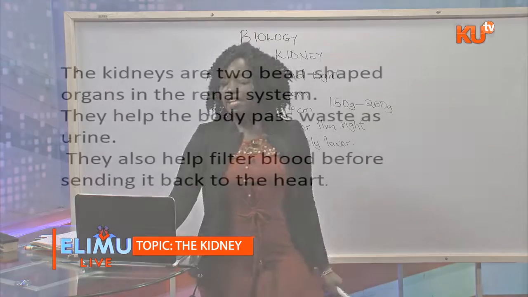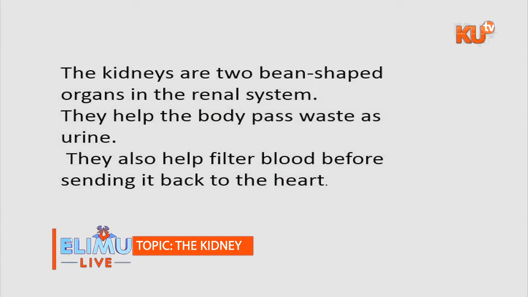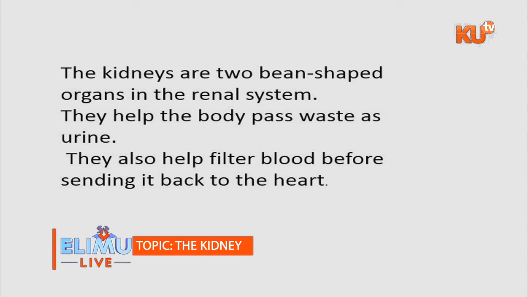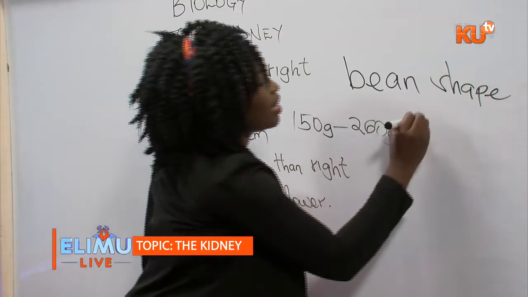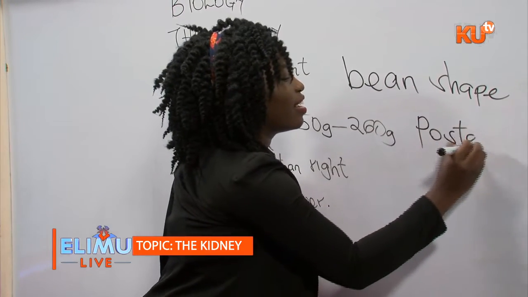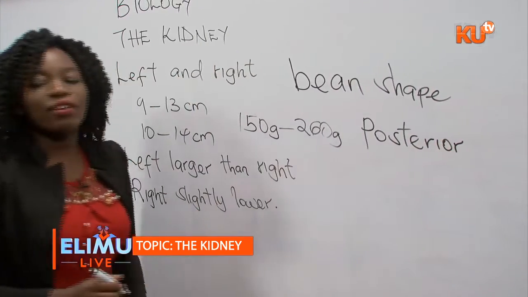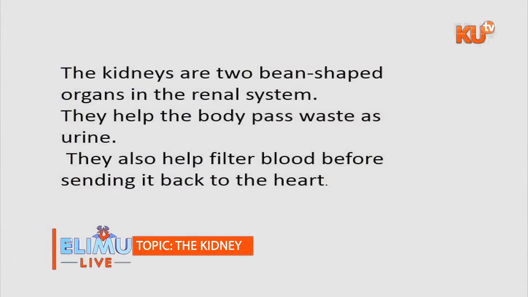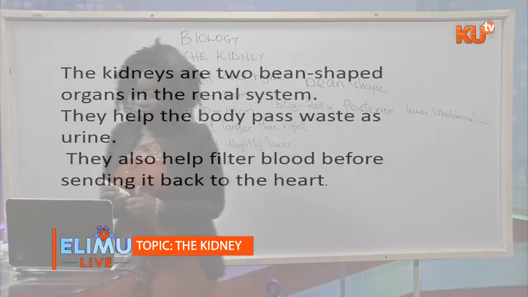to give you a rough name of the kidney. The kidneys are two bean shaped. You have to know their shape. They are two bean shaped, and they are located at the posterior part of the lower abdominal wall.